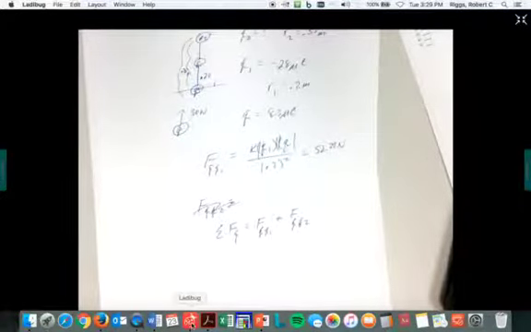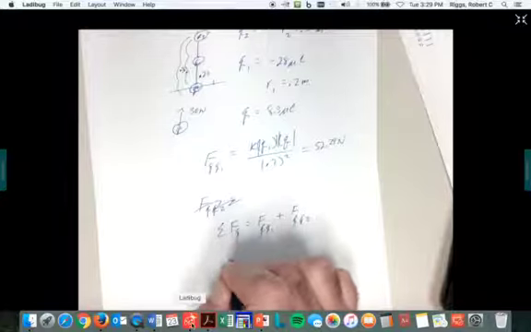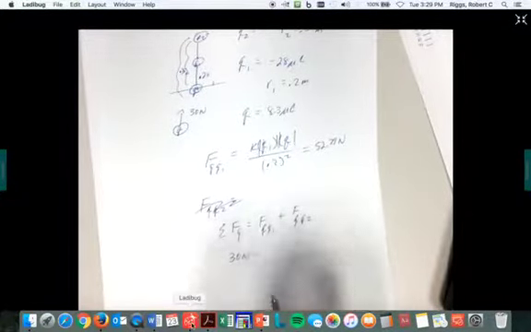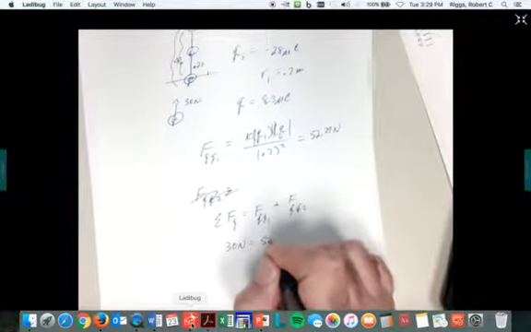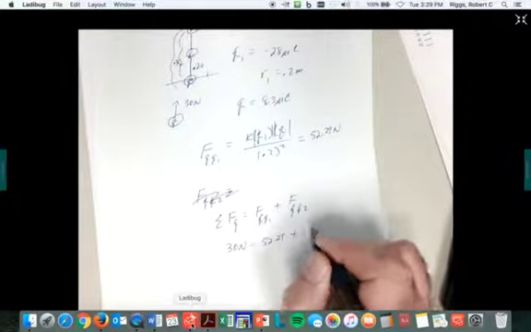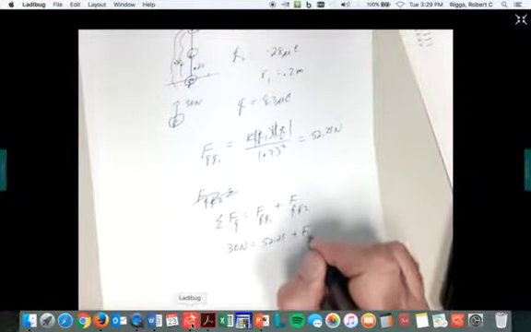We've already calculated the one for Q1. And we know that the sum of the forces is equal to 30 newtons. And this one is equal to 52.29 newtons plus F of Q by Q2.